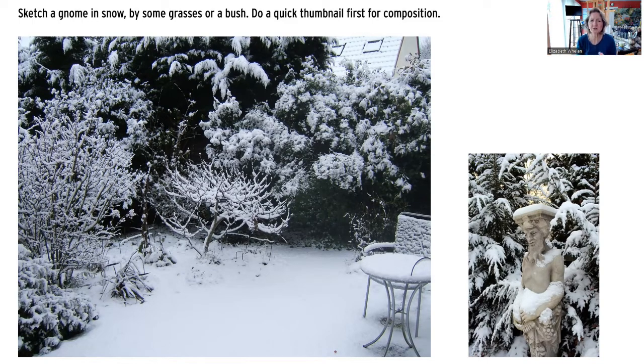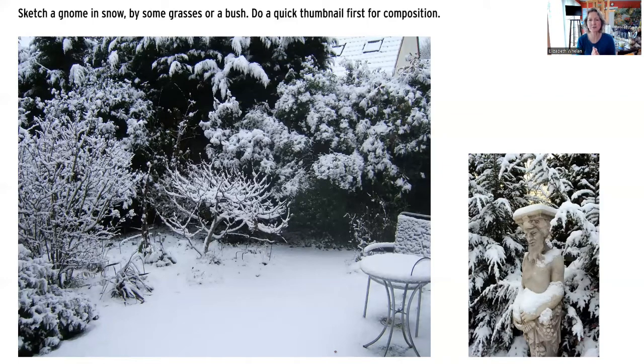If you're working on toned paper, the way that would look is that you would be adding in your snow as white, right? So you would only worry about doing a little outline of your gnome and maybe some really very light lines to indicate where some of these trees are. But look at how much dark there is, right? There's a lot of dark from the bushes themselves. And then you've got the snow coming down.